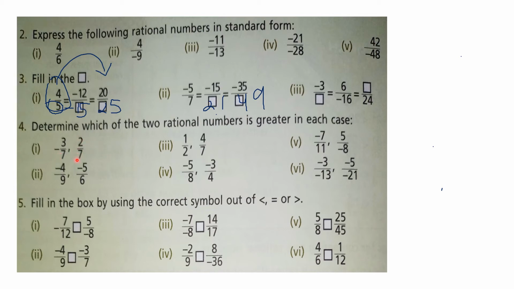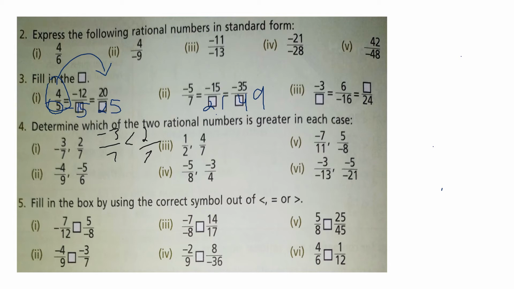Even though the numerator is bigger in this case, here there is a negative sign with this rational number, so 2 by 7 is greater. You can write like this: minus 3 by 7 is less than 2 by 7. Or you can write in words that 2 by 7 is greater than minus 3 by 7.